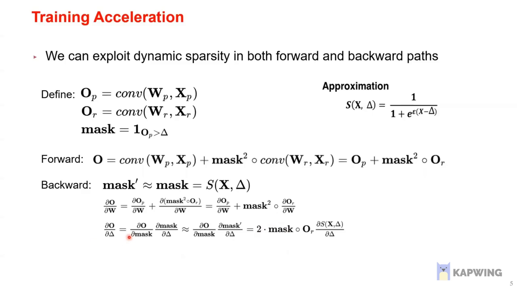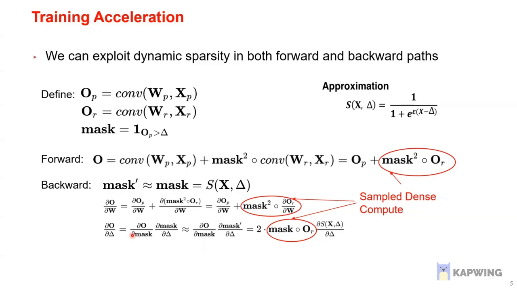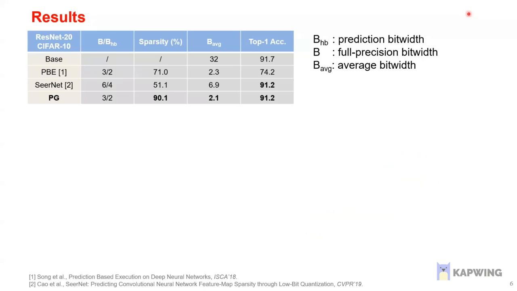We find in this way, sampled dense compute kernels are in both forward and backward paths, as shown in the red circles. This helps accelerating both training and inference. Moreover, the gradient to delta now only requires a sampled compute of the update phase, which has already been computed in the forward pass.